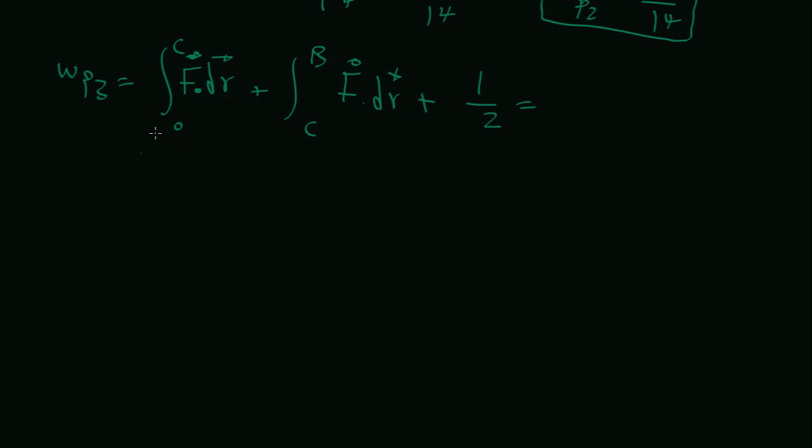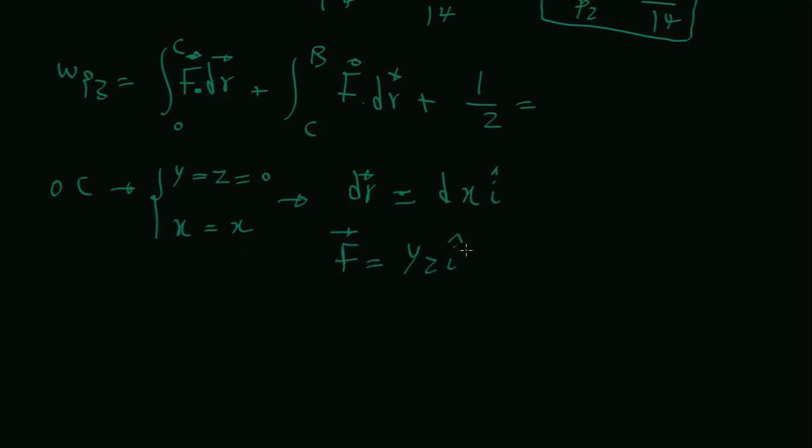So on path O to C, we have y equal to z equal to 0, and x equal to x. So dr is just dx in the i direction. For the force equation, we have F equal to yz in the i direction plus xy in the j direction plus xz in the k direction.